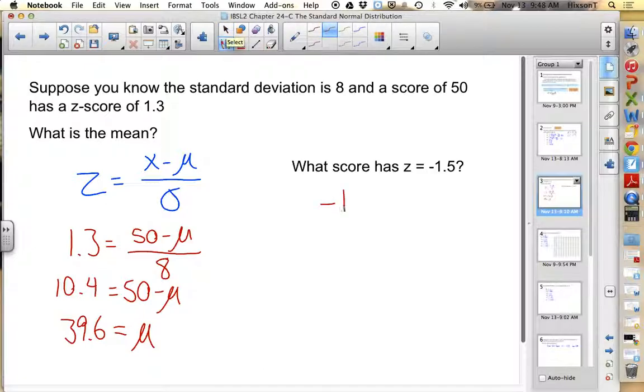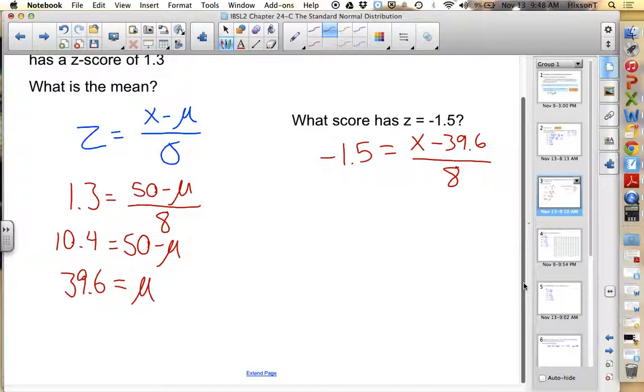Z is -1.5. We don't know what x is this time, but we do know the mean now. It's 39.6. And we knew the standard deviation was 8. So now we can figure that out solving for x in this case. Okay? So you multiply by 8, -1.5 times 8 is -12.